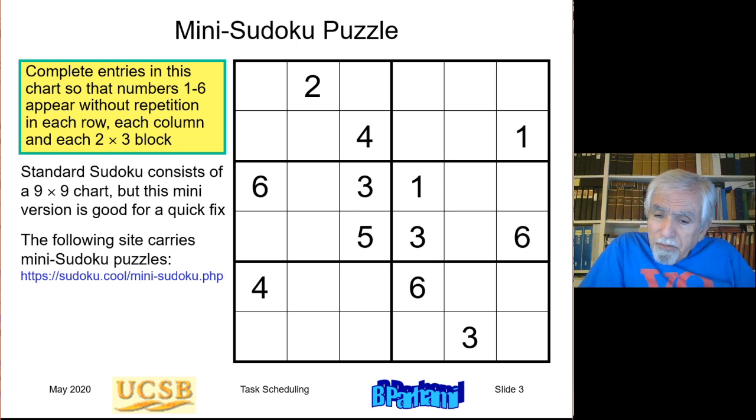So the objective of the puzzle is, given some initial configuration with some of the numbers shown, you have to fill the remaining cells so that the constraints that I just told you about are satisfied. In other words, the first row must contain numbers 1 through 6, and the number 2 is already written in one of the cells.